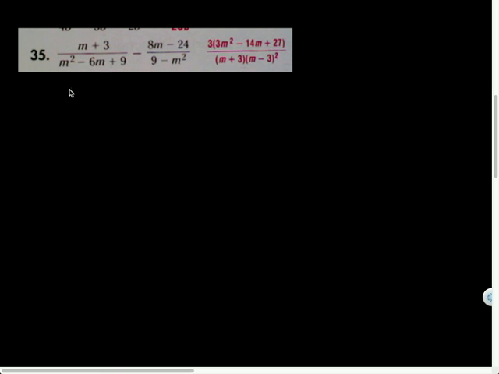This factors to be m minus 3 all squared by the time that's all said and done. Here I can factor out a negative 1, and that would be m squared minus 9. So that would be negative 1 times, what does m squared minus 9 factor to become? Yep, m plus 3, m minus 3.